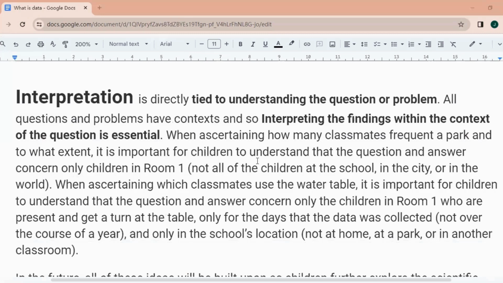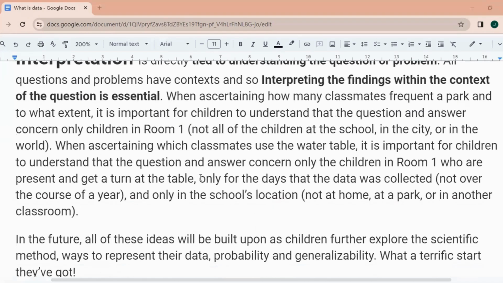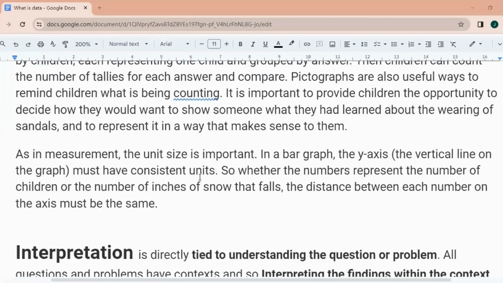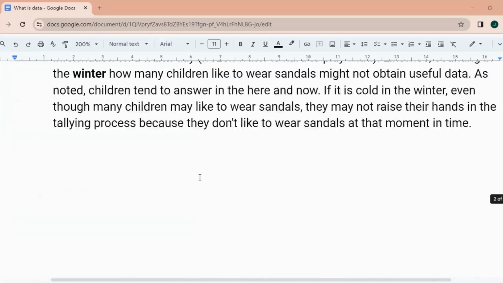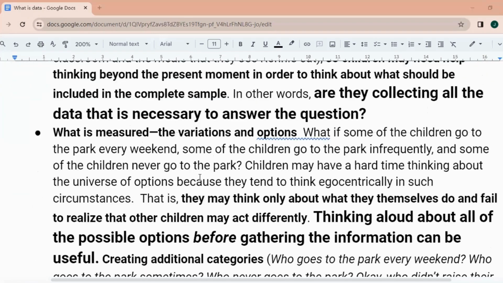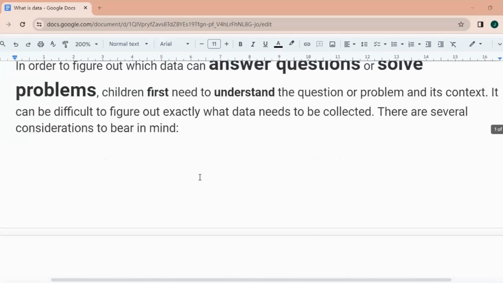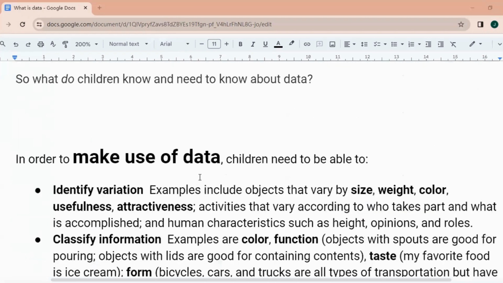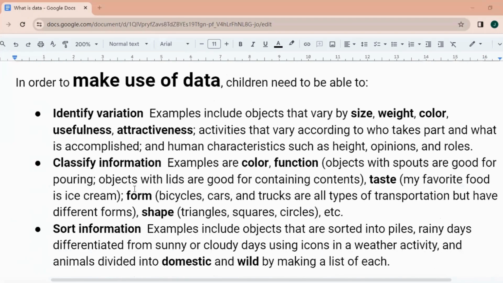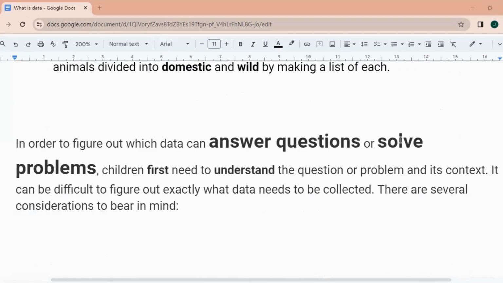So previously, we talked about data collection. We talked about how to categorize it, and then we talked about how to understand the problem, with the sample and the measures of variation and options.